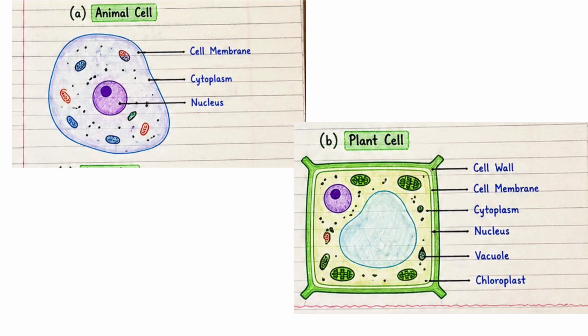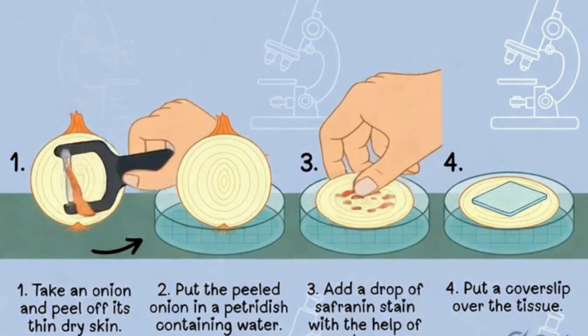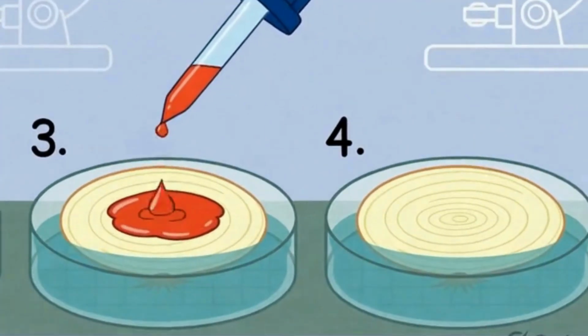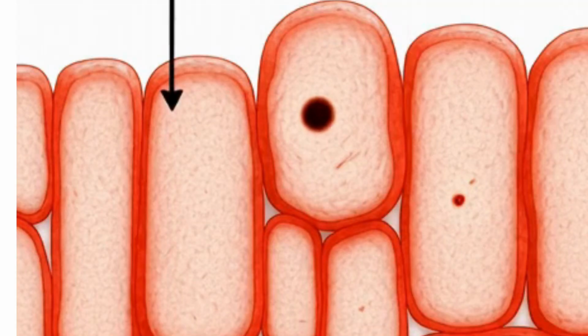Now, let's study plant cells and animal cells. First, plant cells. An onion has a thin, transparent layer called the onion peel. To see the cells clearly, first we have to stain the peel with safranin, which gives it a reddish color.